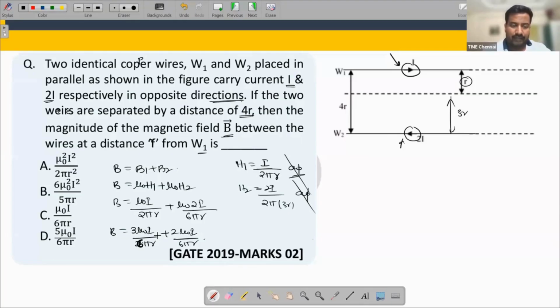If you take the other way, you get 3 mu naught I by 6 pi r minus 2 mu naught I by 6 pi r, which is mu naught I by 6 pi r, which is an available option here, which is very, very dangerous. You may do it wrong. So the answer is 5 mu naught I by 6 pi r. So option D will be the answer. Is that clear?